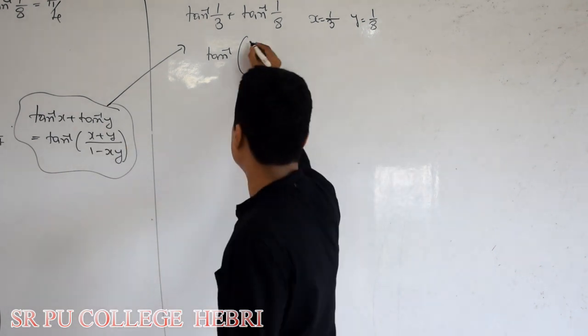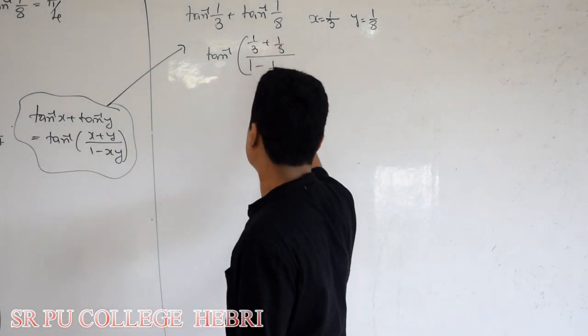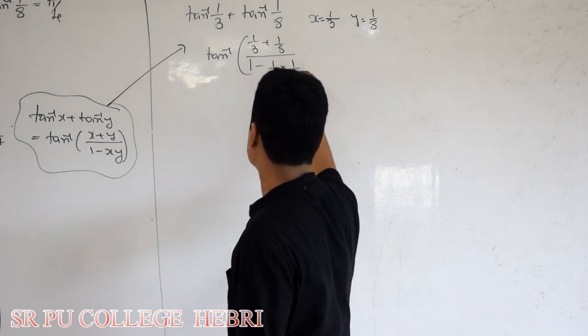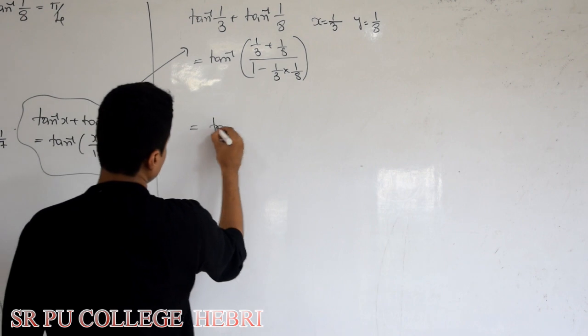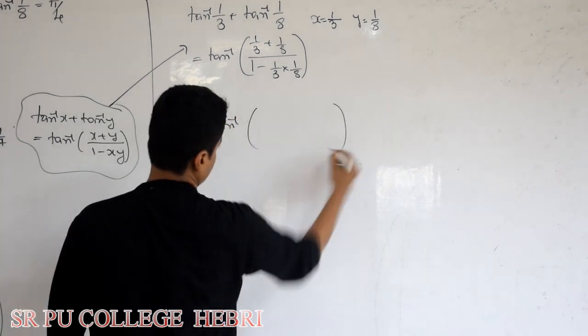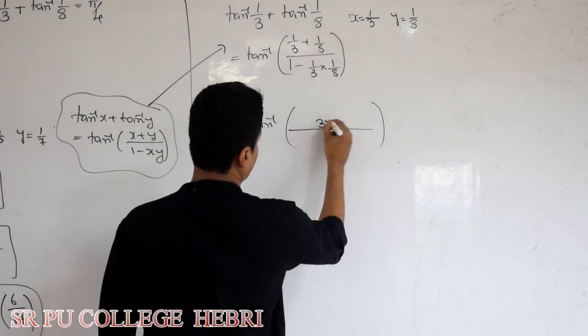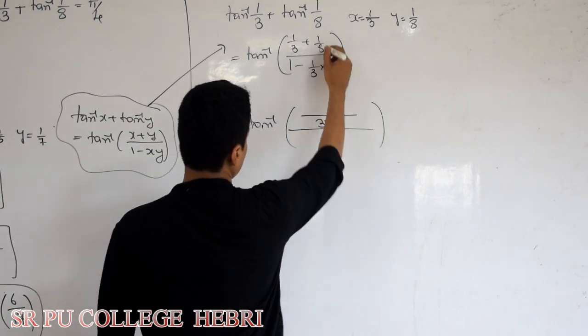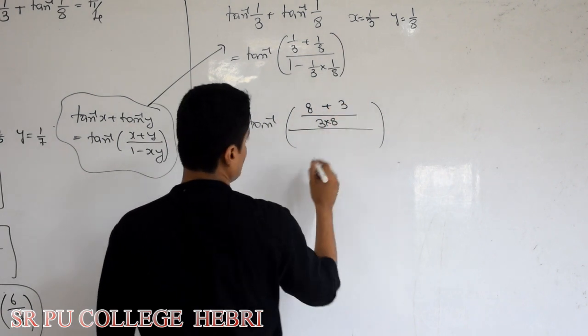Apply in this formula: (1 by 3 plus 1 by 8) divided by (1 minus 1 by 3 into 1 by 8). Again you should know the LCM to simplify this further. What is the LCM? 3 into 8. 8 will be multiplied here, 3 will be multiplied to 1.